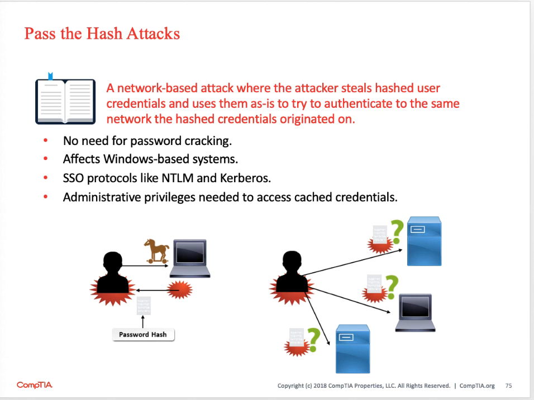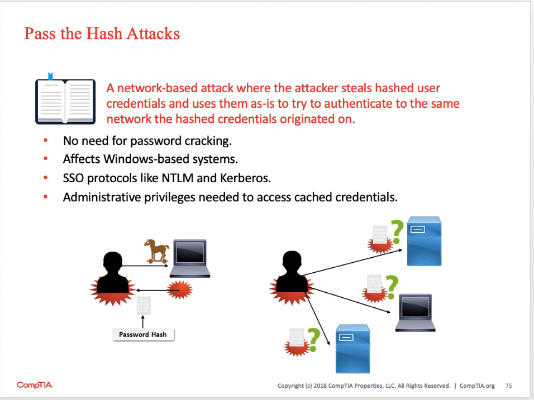Single sign-on often stores hashed credentials in memory or on disk. However, you need network privileges to access them. In a typical attack, the attacker might send a Trojan, which gets installed onto the computer, and then a hash dumping tool is used to collect hashes from that computer.